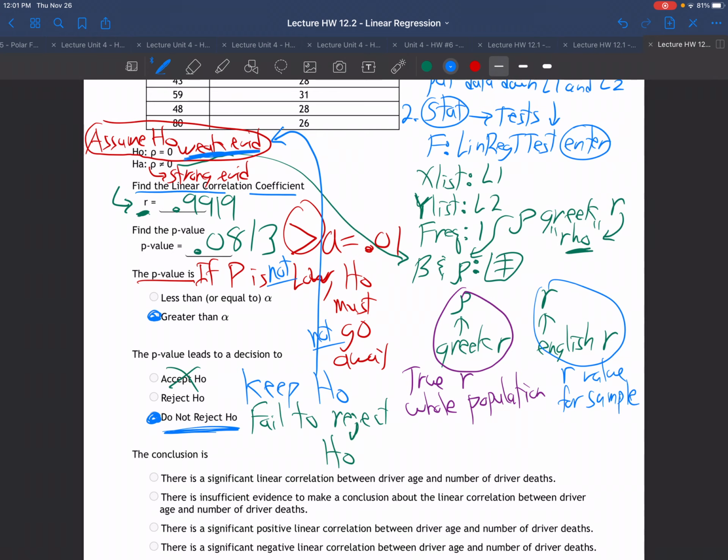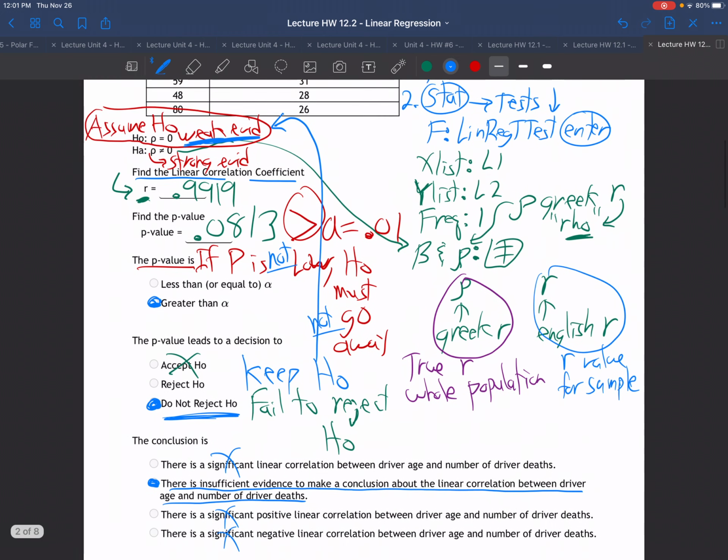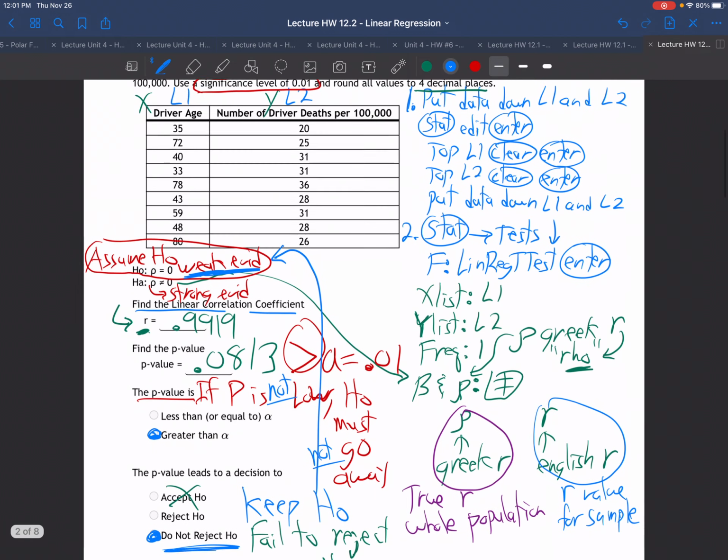Weak evidence. So is there, no, not significant, well then it's got to be this one. That was easy, huh? There is insufficient evidence to make a conclusion about the linear correlation between driver age and number of deaths. Yep, there's just not enough evidence. There it is. So we have got it. So there is the question.